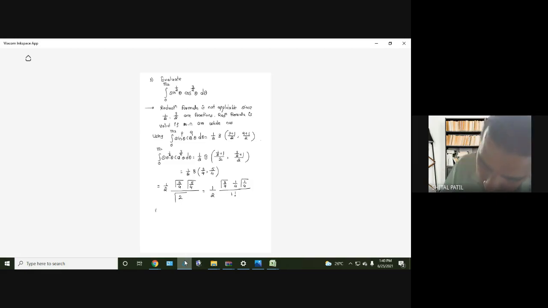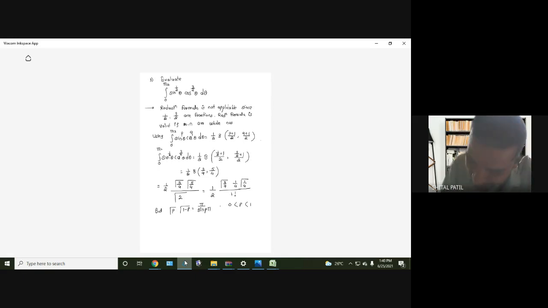Okay, but can we use this formula? The P formula. Right? We know this formula.